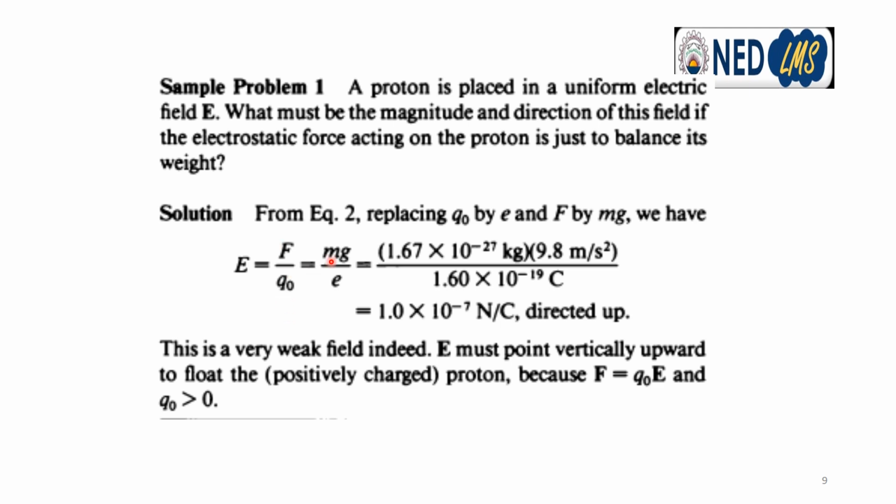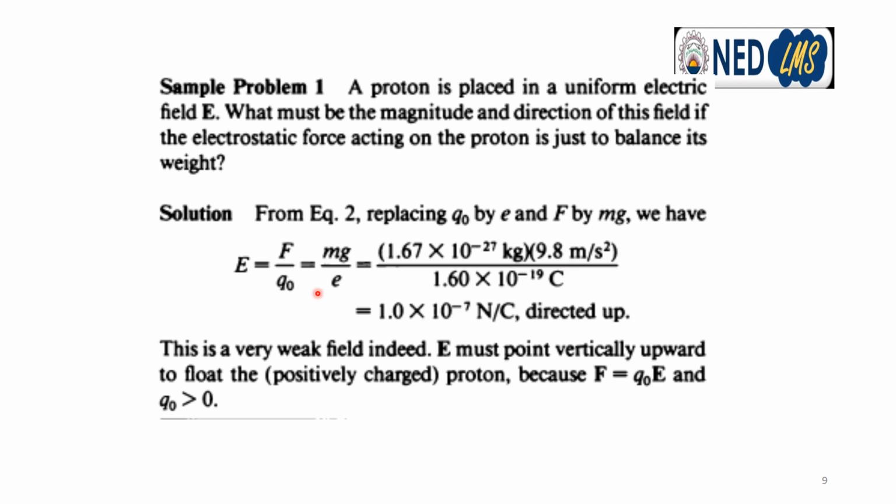Here force will be equal to mg and charge will be equal to e. So charge is 1.6 exponent minus 19 coulomb, the mass of proton is 1.6 exponent minus 27 kg, and gravity, as we all know, is 9.8 meter per second square.